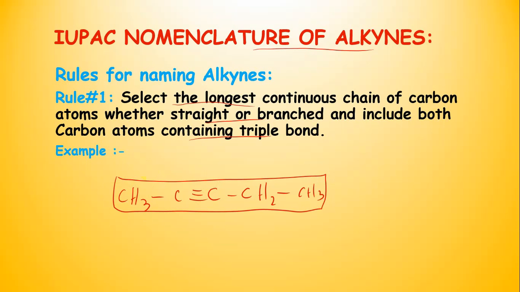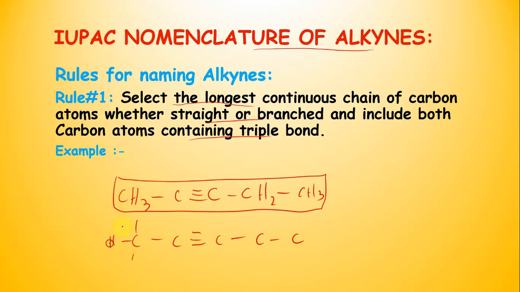write the full structural formula of this compound. How many carbons are there? 1, 2, 3, 4 and 5. So where is the carbon-carbon triple covalent bond? At this position. Now what is this? This is CH3.